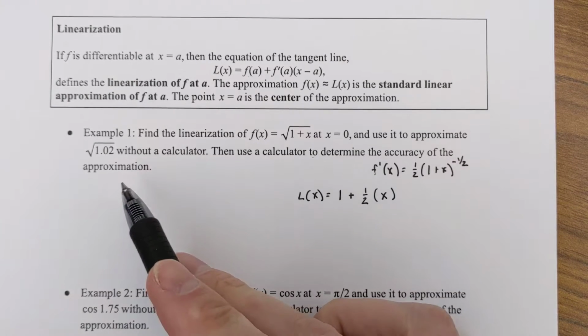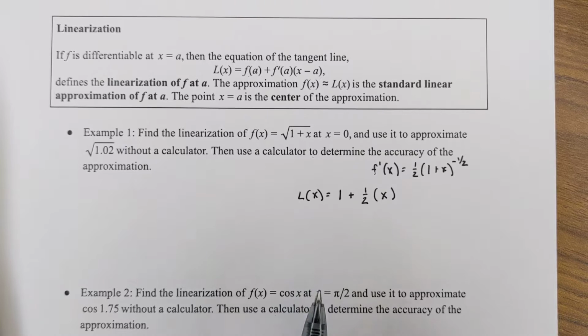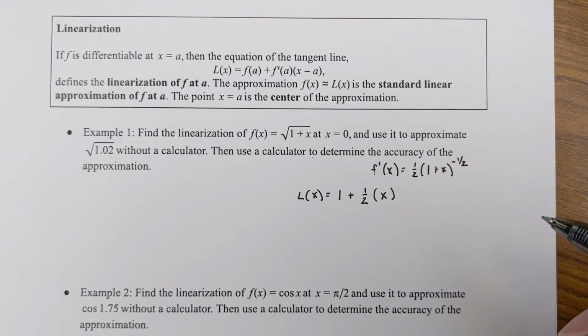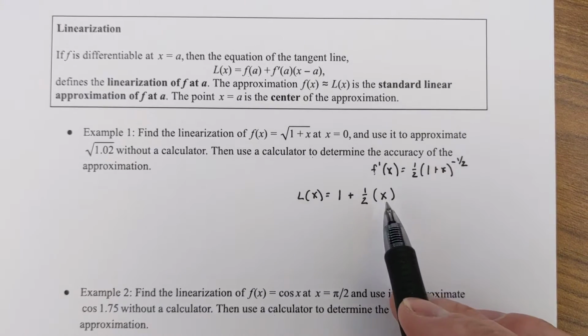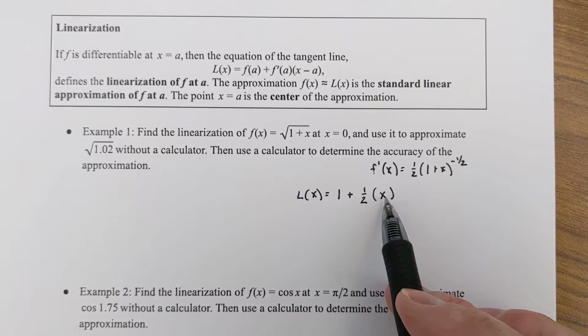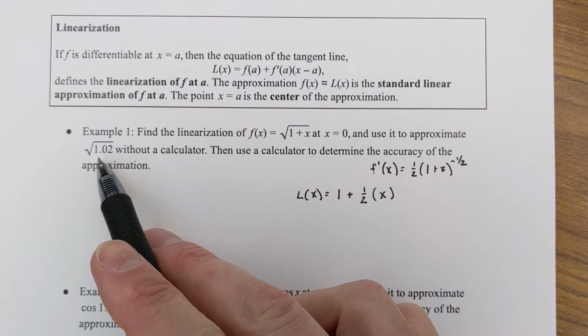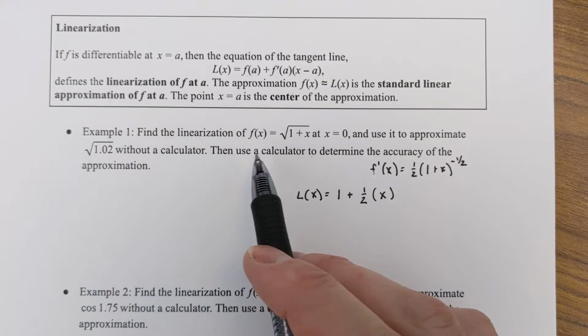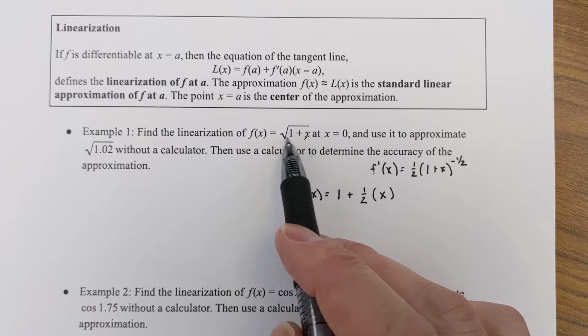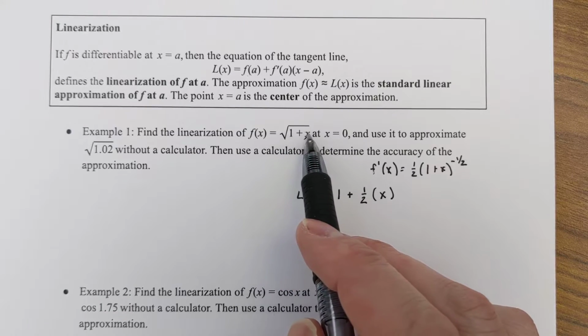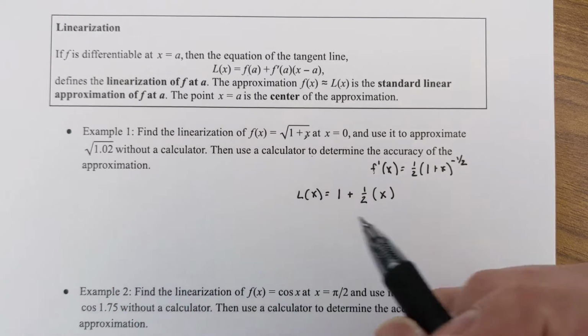So use this to approximate the square root of 1.02 without a calculator. The one thing we have to be careful of is that our x value isn't the 1.02, it's the 0.02, because f of x is already 1 plus x, so the x value is what I'm adding here.